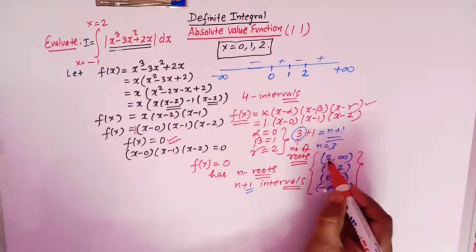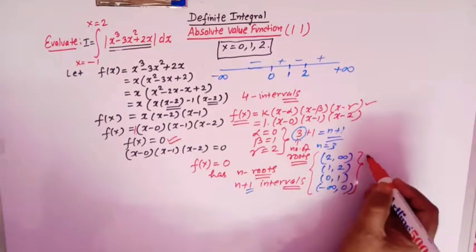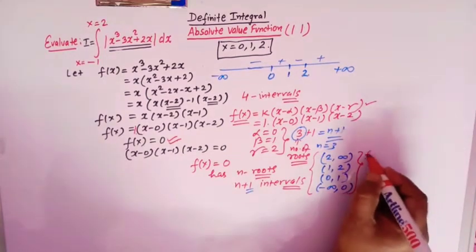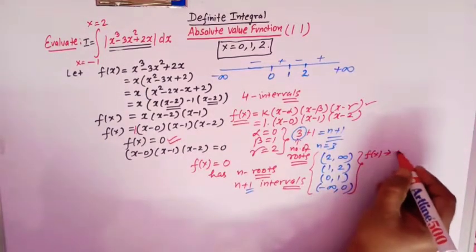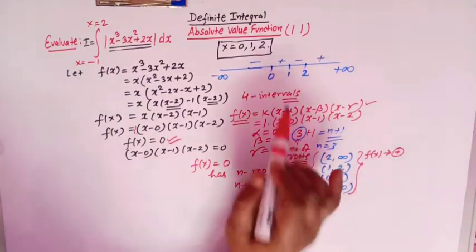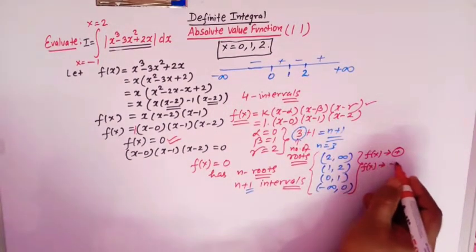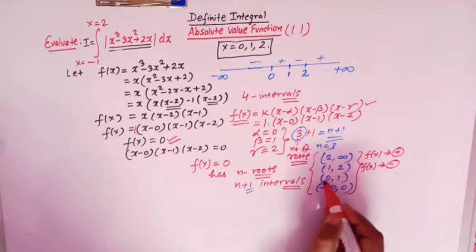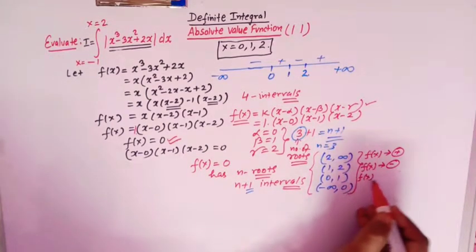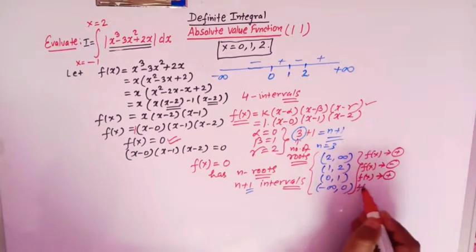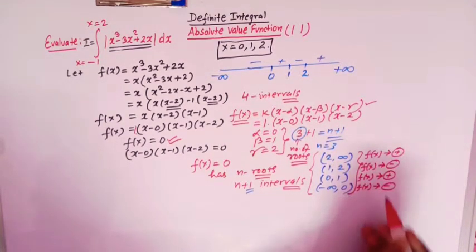In the interval 2 to infinity, f of x is positive. In the interval 1 to 2, f of x is negative. In the interval 0 to 1, f of x is positive, and in minus infinity to 0, f of x is negative.